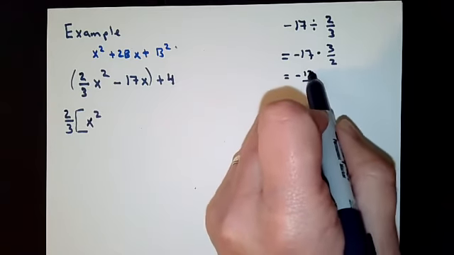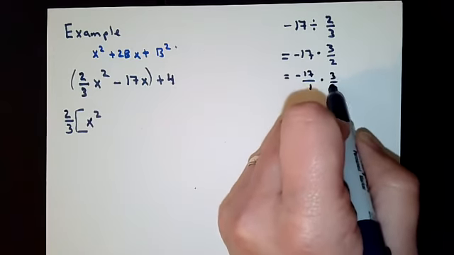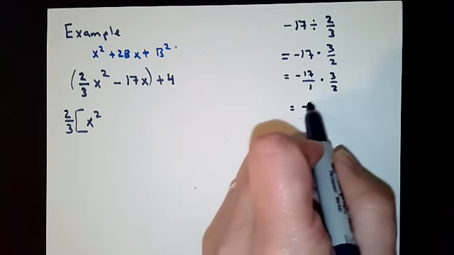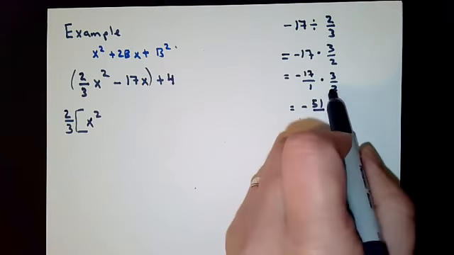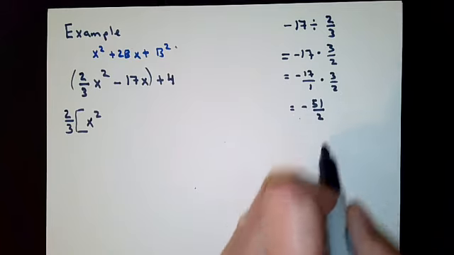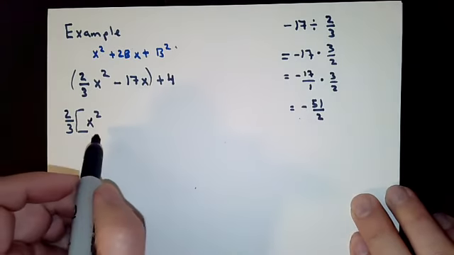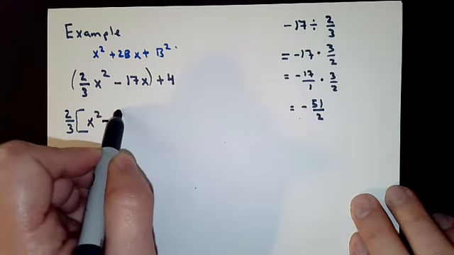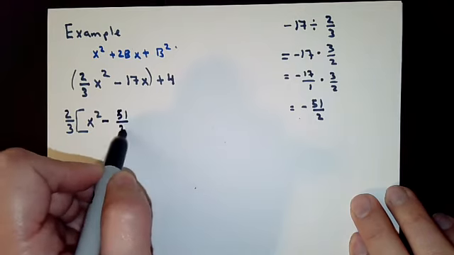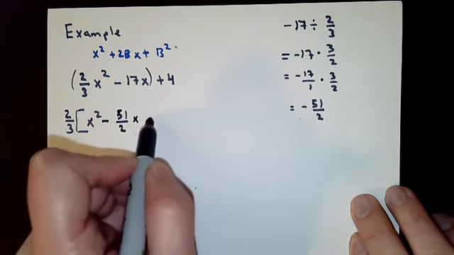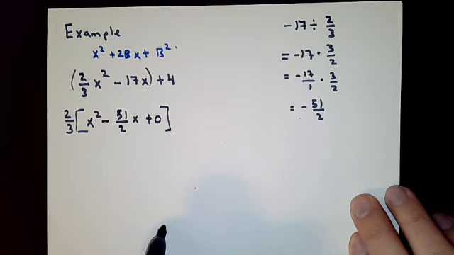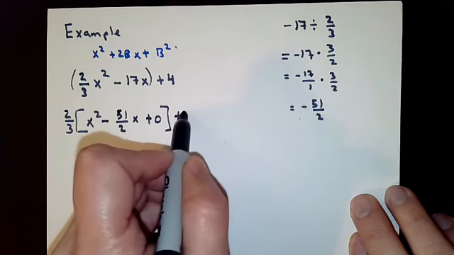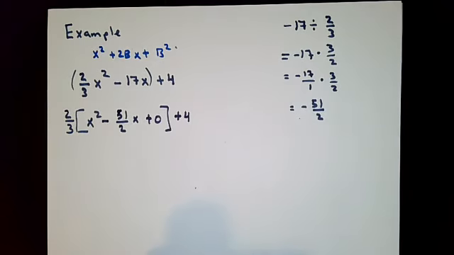This is negative 17 over 1 times 3 over 2, which is negative 51. 17 times 3 is 51. 1 times 2 is 2, so we get a negative 51 halves. So the middle term becomes negative 51 over 2 times x. We'll put a 0 in there for the constant. And the plus 4 is on the outside.